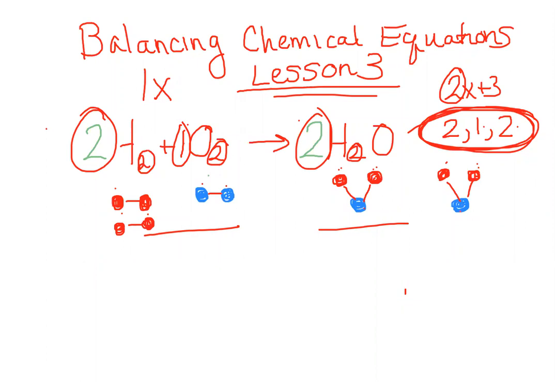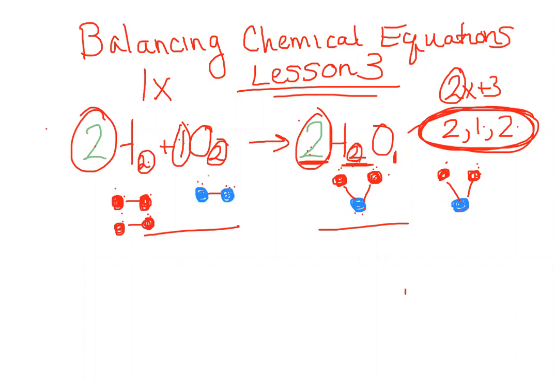The coefficient times the subscript tell you how many there are. So in this right here, 2 times 2 tells us there are 4 hydrogen atoms. 1, 2, 3, 4. Over here, 2 times 2 tells us there are 4. 1 times 2 tells us there are 2. 2 times 1, because there's a 1 there, tells us there are 2.